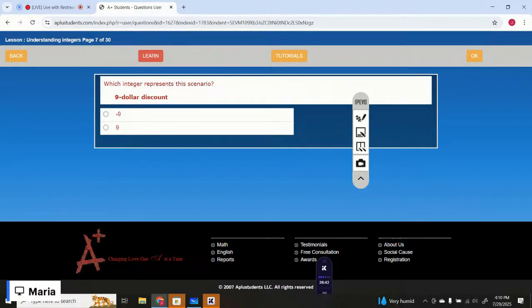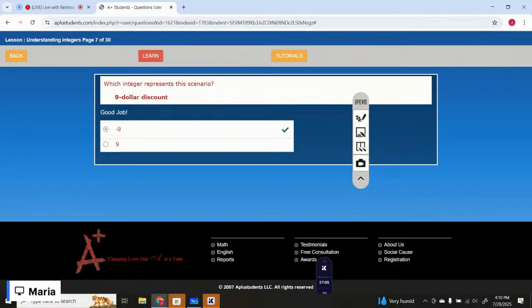Which integer represents the scenario? $9 discount. So that means negative 9. Option number 1 is the correct option.